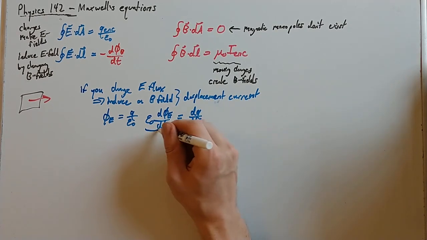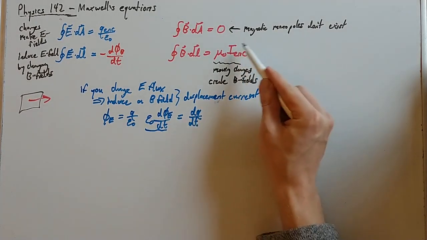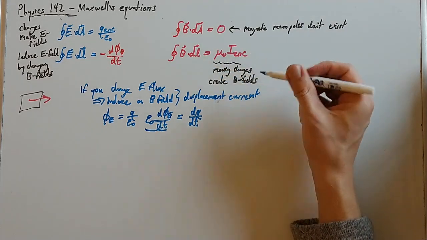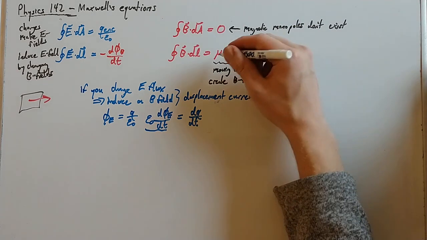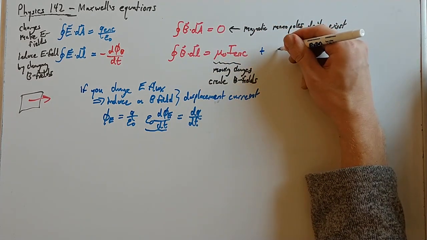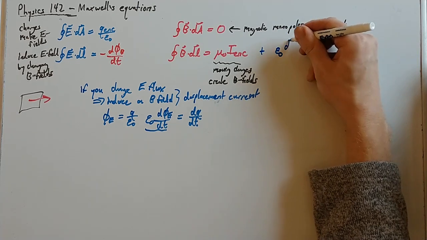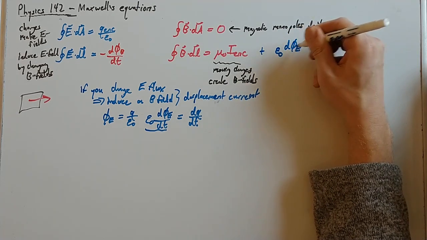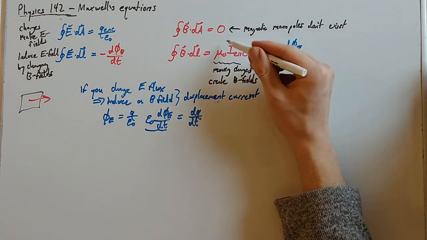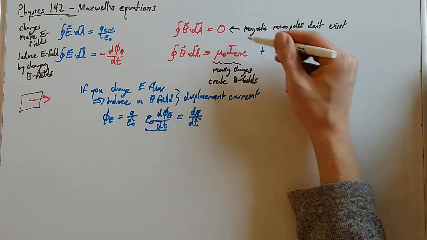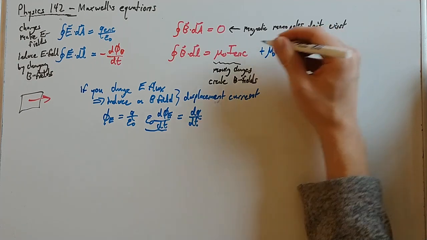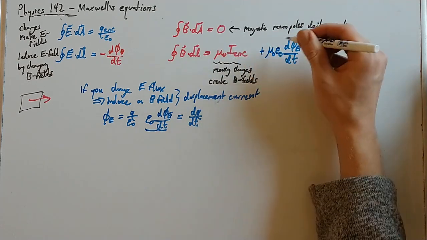And Maxwell realized this, and he realized, hey, there's a place I know where current fits into this. Current fits in right here. So what Maxwell did is he said, what if I just add a current term to this? What if I add epsilon naught times d phi E dt, times that changing electric flux. And to make the units work out, I need this mu naught. I have to distribute the mu naught, so I put all the current in parentheses.